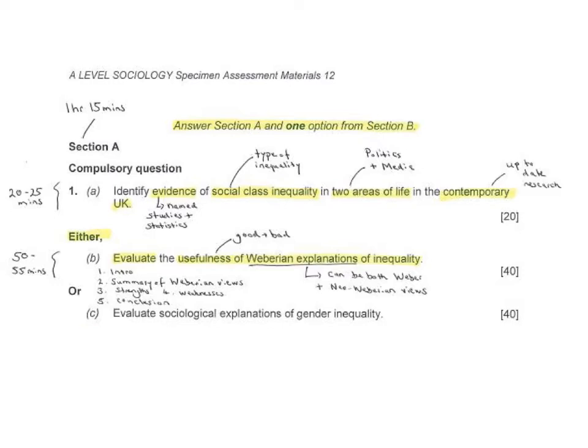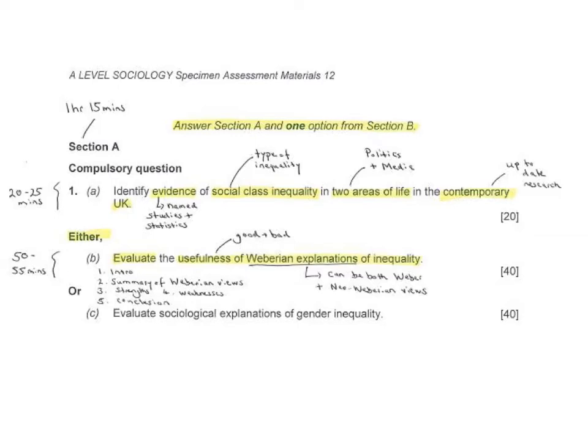Remember that I recommend that you spend about 50 to 55 minutes on this section of the exam, and that includes your thinking and planning time, and you should definitely do a plan for this longer answer. And also, obviously, you need your time to make your mind up about which of these two questions is going to be your strongest. So I'm going to imagine that I'm going to do 1B.